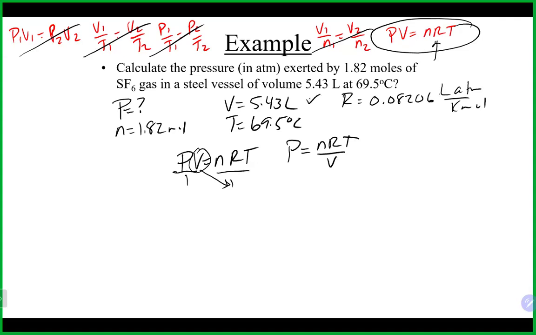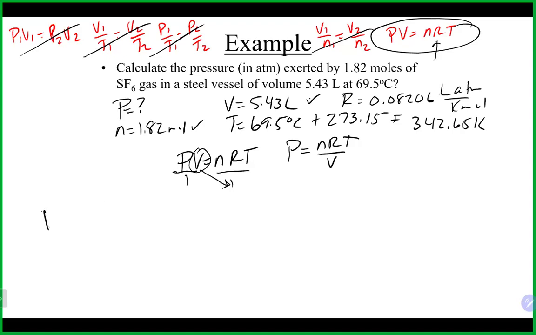Unit-wise, our volume is good. It's in liters. Our moles are in moles. Our temperature, like normal, we do need to adjust to Kelvin, so we'll add our 273 to it. So 273.15 plus 69.5 is going to get us 342.65 Kelvin.